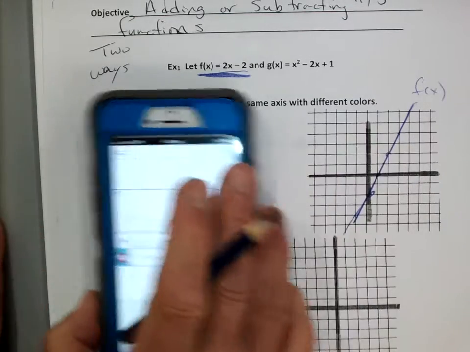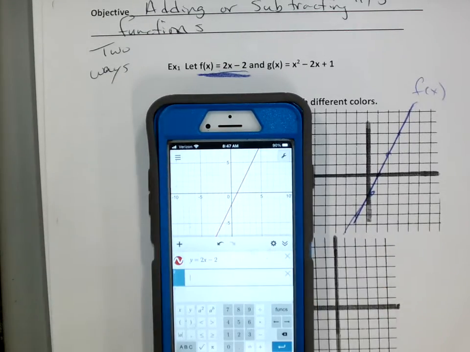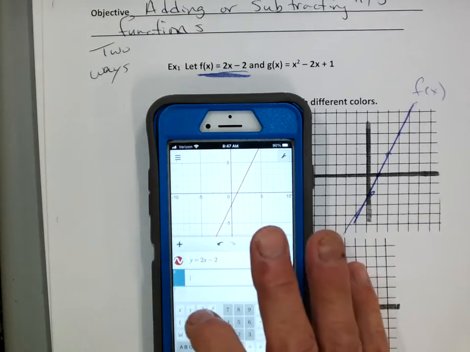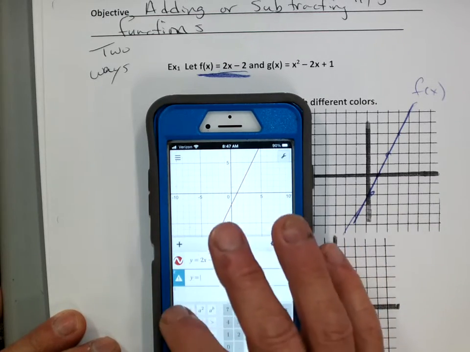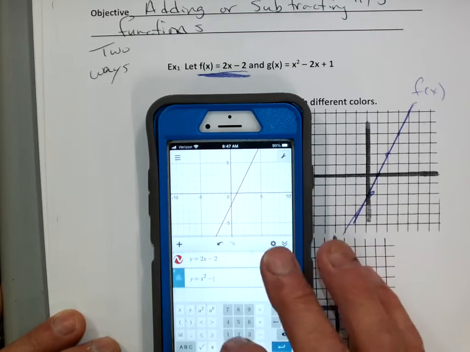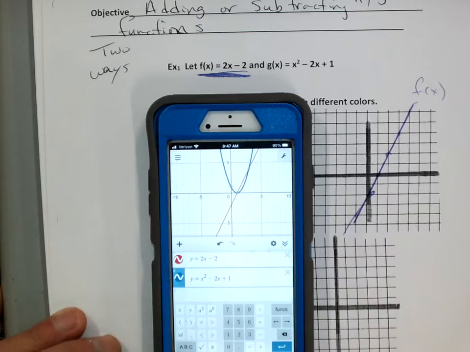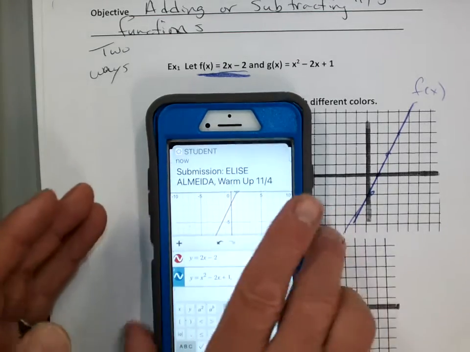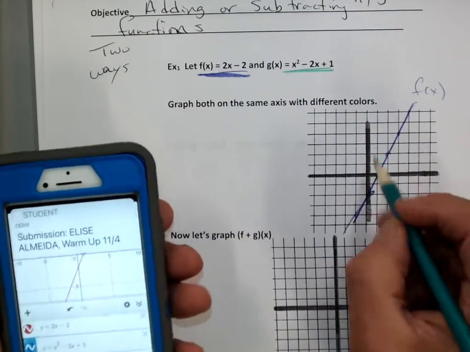And then let's graph the other, okay? The other is going to be an x squared, so y equals x squared minus 2x plus 1. Okay, there it is. It's a parabola. Let's put that in turquoise, I like that color.